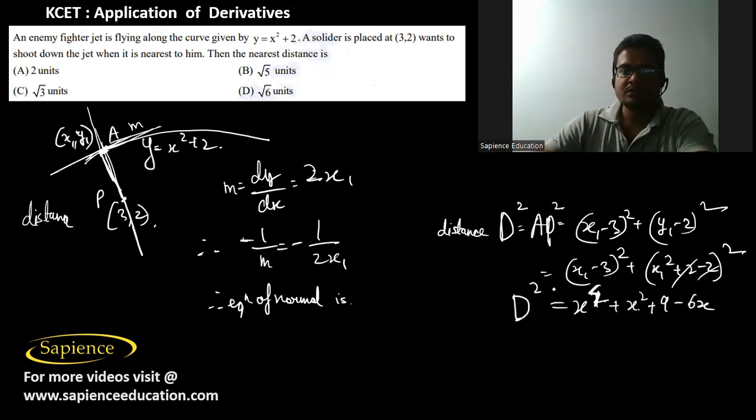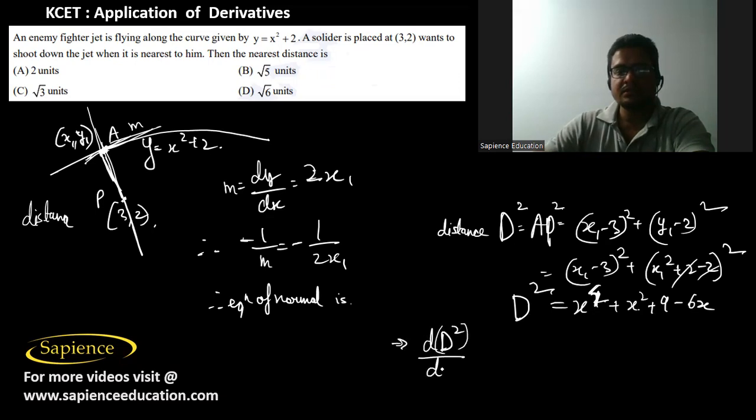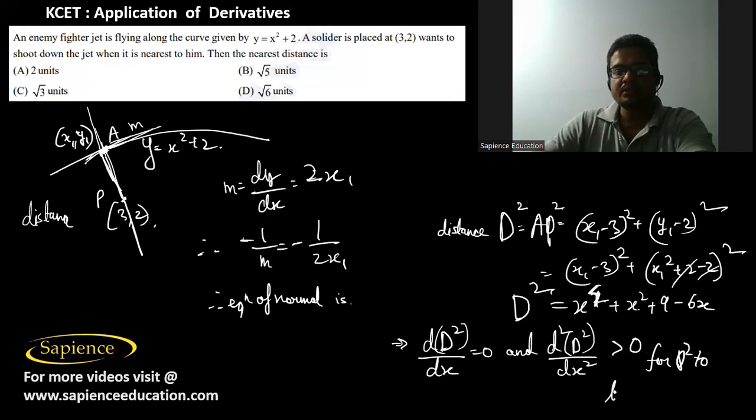Okay, so this d square should become minimum. We have to find the minimum value of this. So it means that d of d square by dx should be equal to 0, and d square by dx square should be greater than 0 for d square to be minimum.